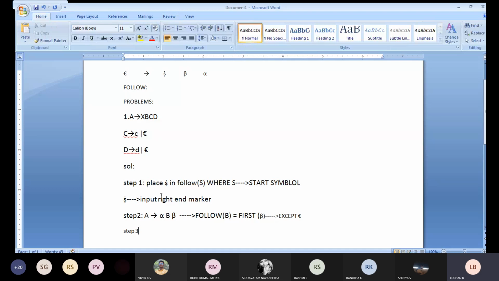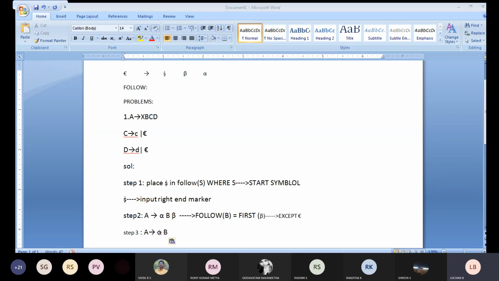In step 3, the last step, if the production is of the form A implies alpha B, only this much, there is no beta.